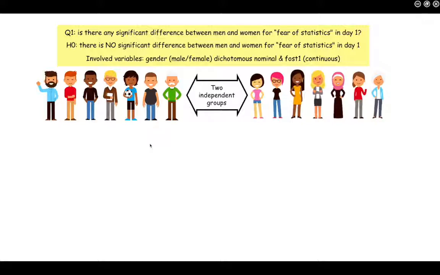We have one dichotomous categorical variable and one continuous variable. In this case, we use a test called the independent t-test, independent because there are 2 independent groups, and we reach the p-value to answer our question and accept or reject the null hypothesis.